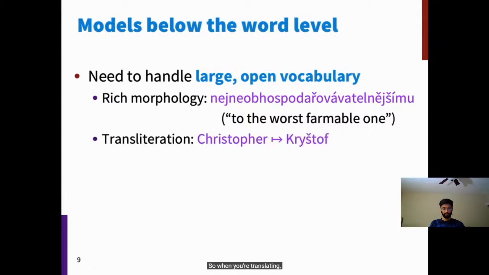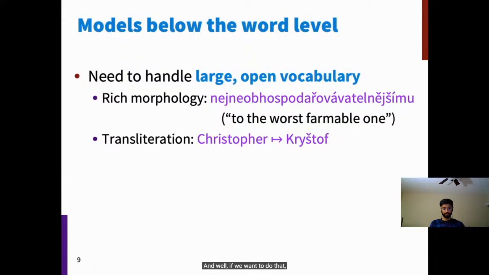So when you're translating, there's a wide space of things, especially names, where translation is essentially transliteration, that you're going to rewrite the sound of somebody's name roughly, perhaps not perfectly correctly, but roughly correctly according to the sound systems of the different language.